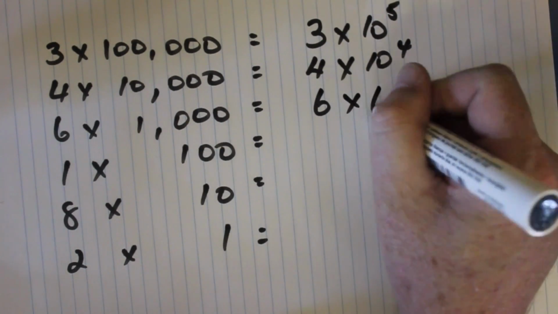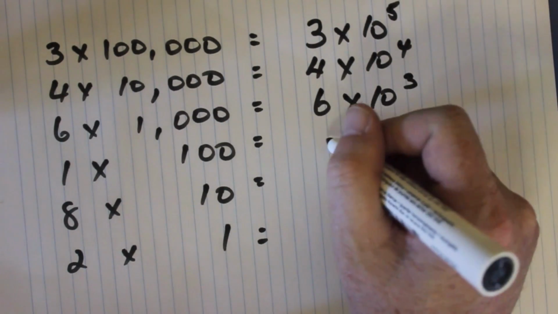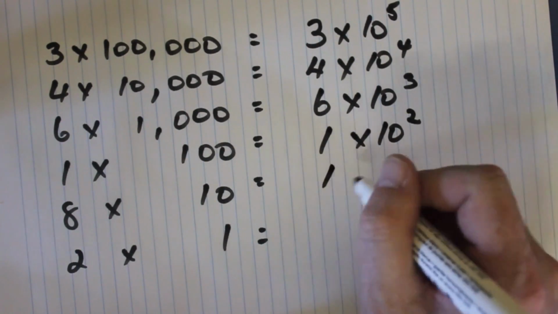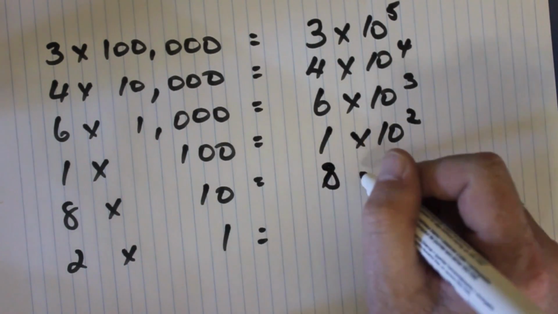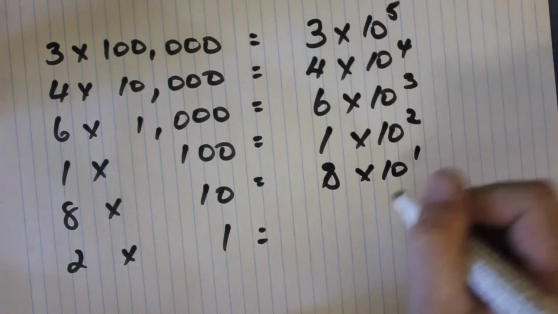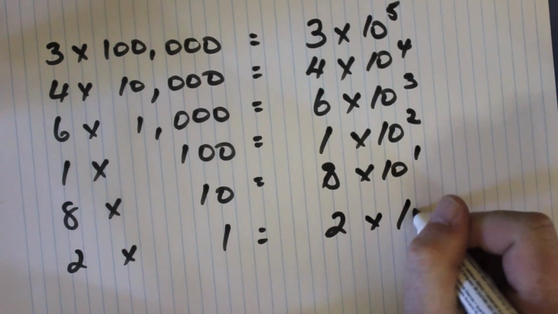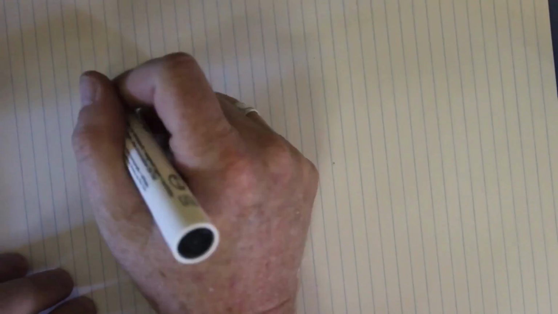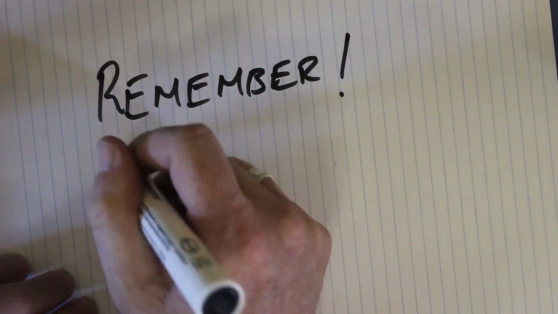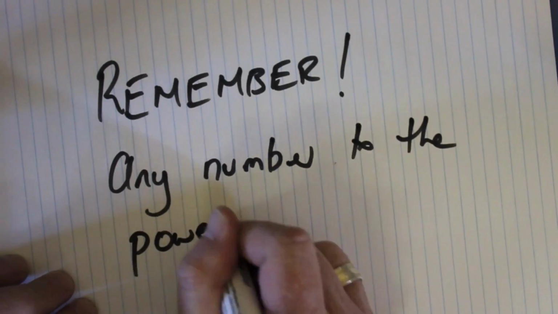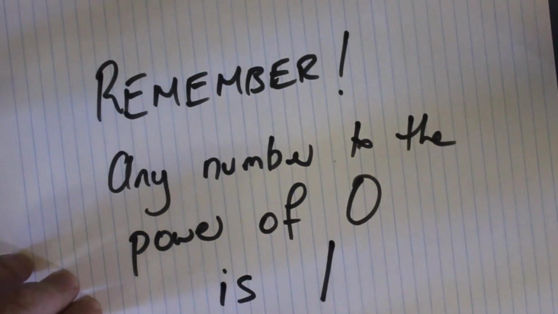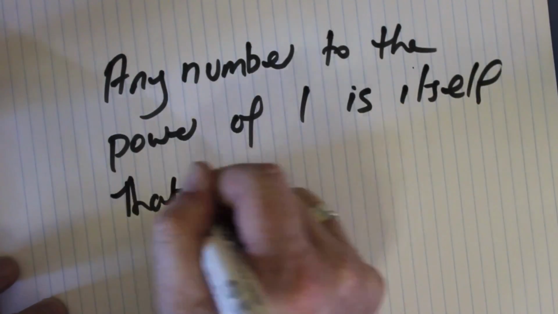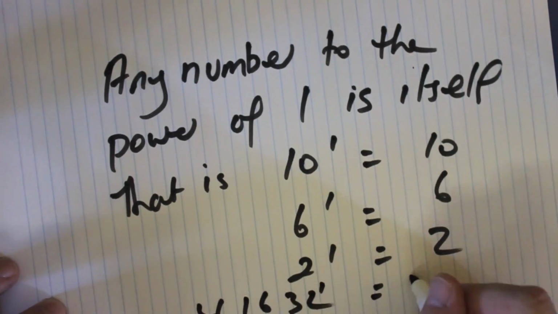So 100,000 is 10 to the power of 5, 10,000 is 10 to the power of 4, 1,000 is 10 to the power of 3, hundreds, etc., etc. As we move to each new column to the left, the power of 10 increases by 1. Just a reminder, any number to the power of 0 is 1. Similarly, any number to the power of 1 is itself. It doesn't matter what the number is.